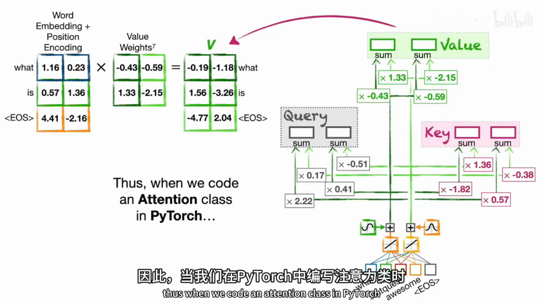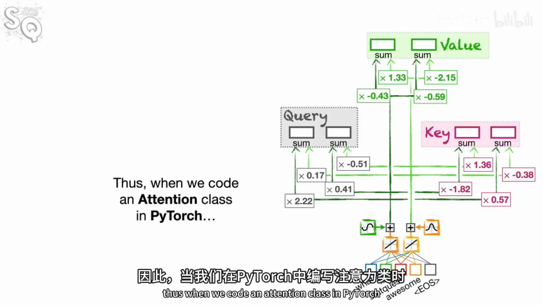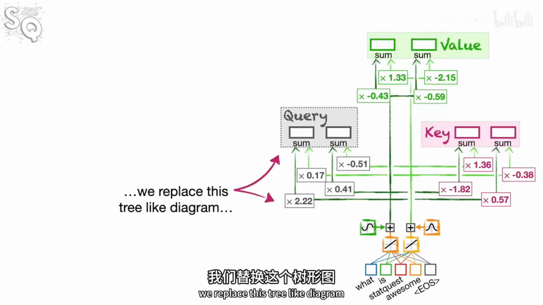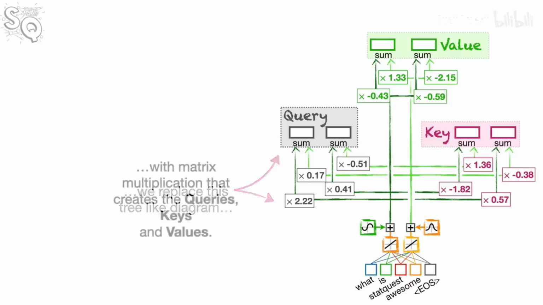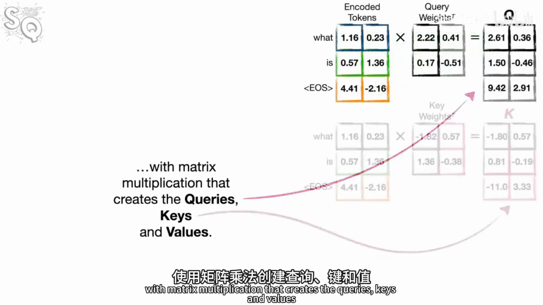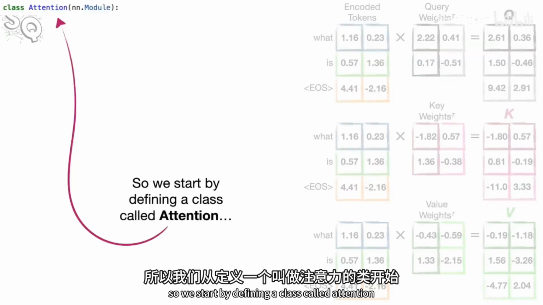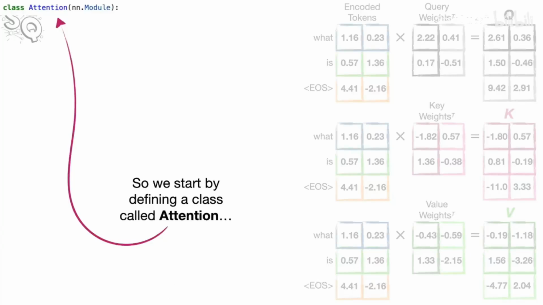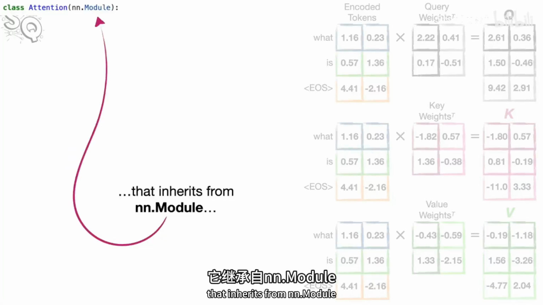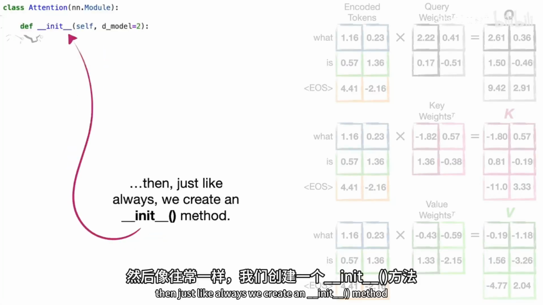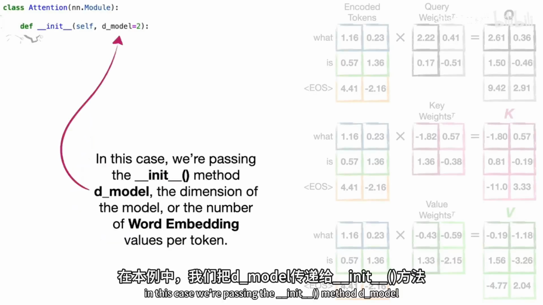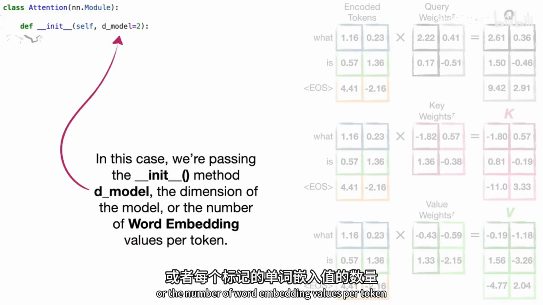Thus, when we code an attention class in PyTorch, we replace this tree-like diagram with matrix multiplication that creates the queries, keys, and values. So we start by defining a class called attention that inherits from nn.Module. Then, just like always, we create an init method. In this case, we're passing the init method dModel, the dimension of the model, or the number of word embedding values per token.